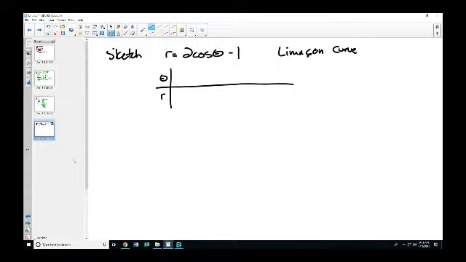If theta is 0, r is 1. Pi over 6... well, let's go with pi over 4 and try that. Root 2 minus 1, correct? Yeah, so 0.414. Pi over 2: negative 1.